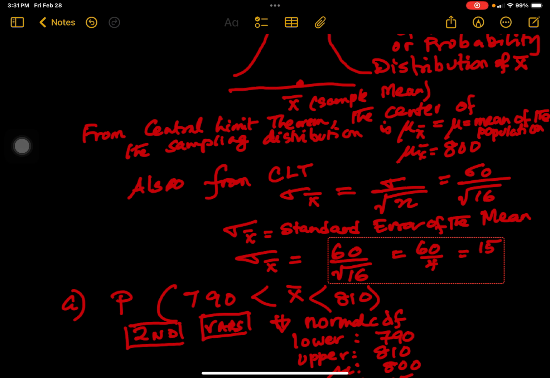In this case, population standard deviation is 60 divided by square root of 16, which is 60 divided by 4, which is 15. Notice the sampling distribution standard deviation is thinner than the population standard deviation. This is a key point in sampling distribution: the standard error of the mean is the standard deviation of the population divided by square root of n.